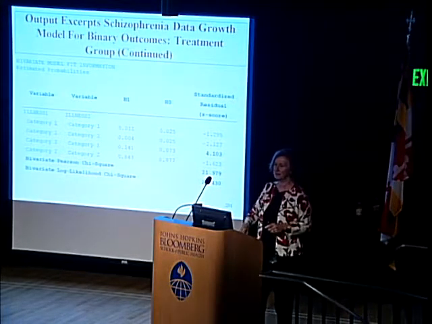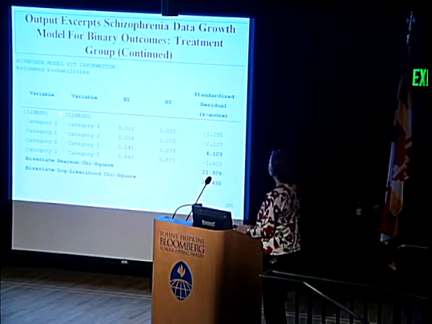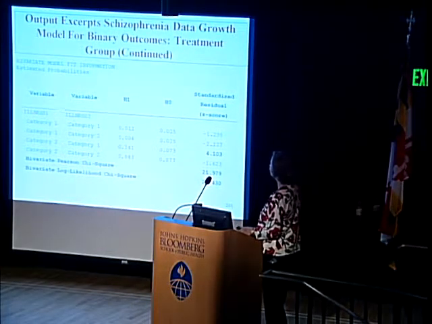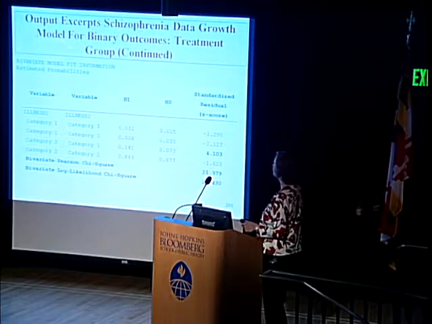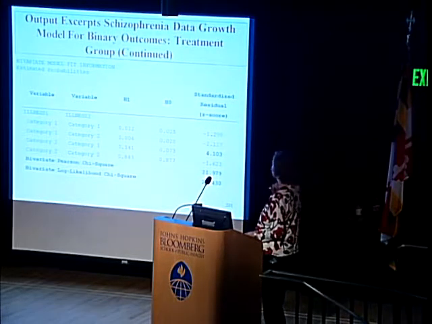Okay, so let's explain what this table is. So we have illness 1 and illness 2. So that's measurements at time 1 and time 2. And then category 1. So if you think of a bivariate frequency table, you have 1, 1, 1, 2, 2, 1, 2, 2. So it's the 4 cells of the frequency table.